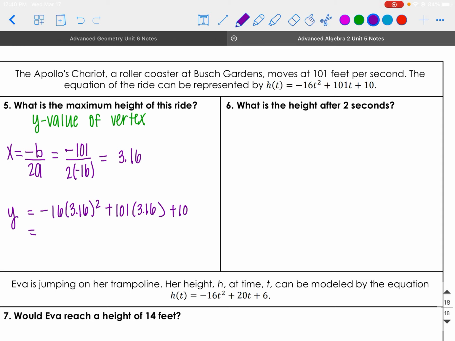I did not get the same number as I did on my notes, so let me double check myself. Okay, so we get 169.39 feet.